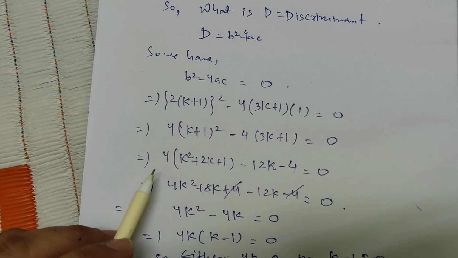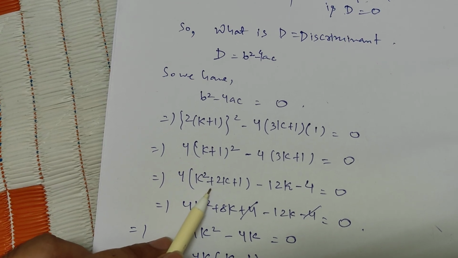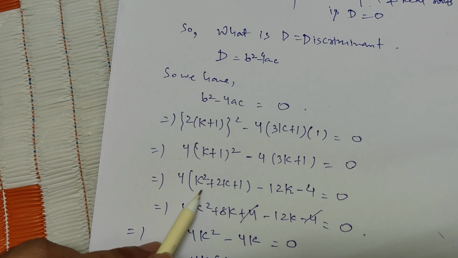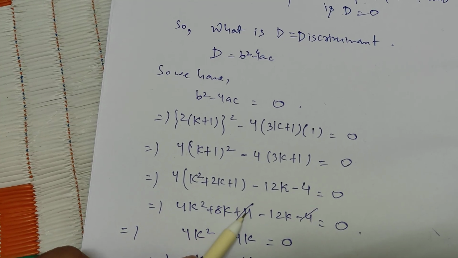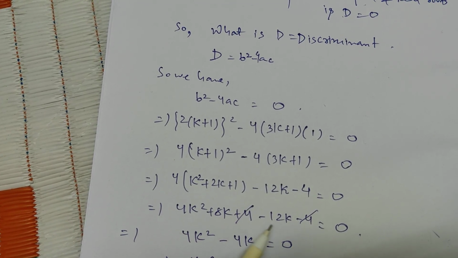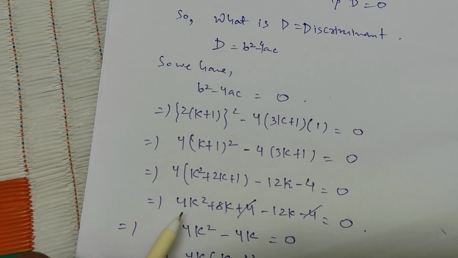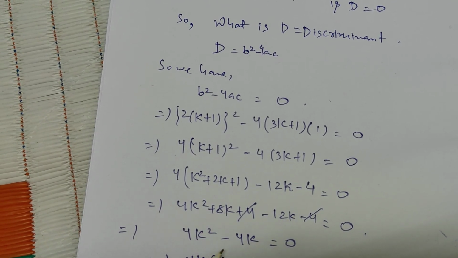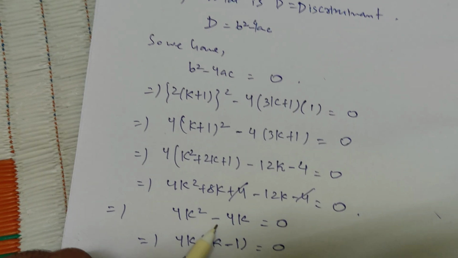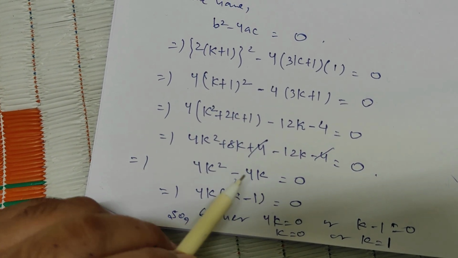Multiplying the 4 with the bracket terms, the result will be 4k square plus 8k plus 4 minus 12k minus 4. This 4 and this 4 cancel out, so the required result is 4k square minus 8k minus 12k, that is minus 4k. So 4k square minus 4k is equal to 0.